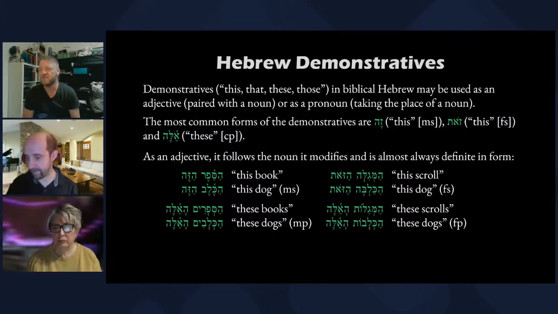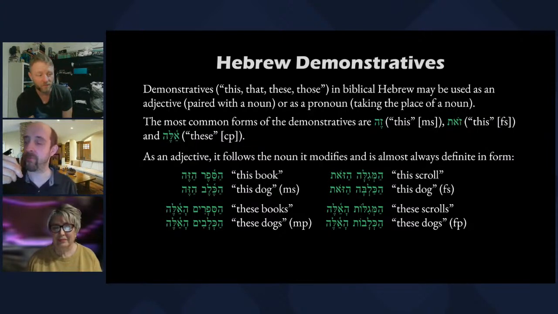Okay, these books: if book is sefer, books are sfarim. Jonathan, you will stop me if there's anything I need to address, right? Yep. Okay, because I can't see it all. Hasfarim ha'ele. These books.